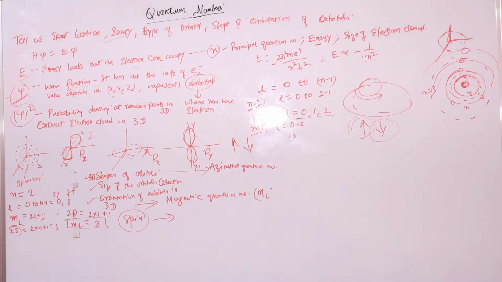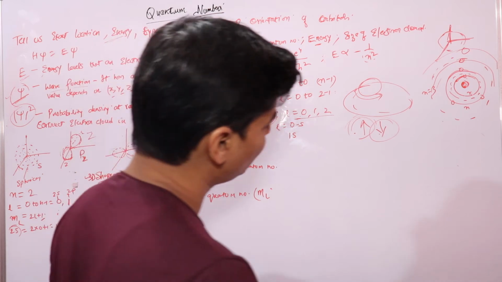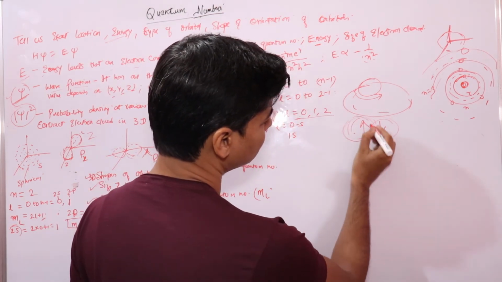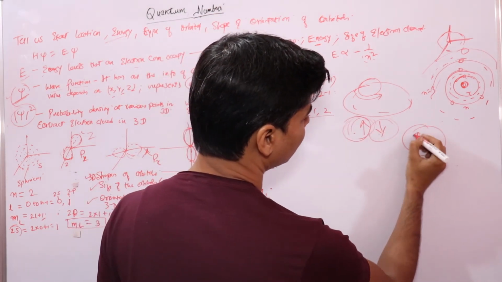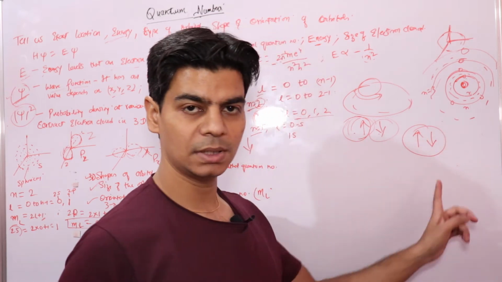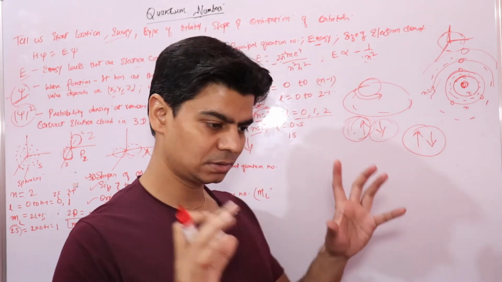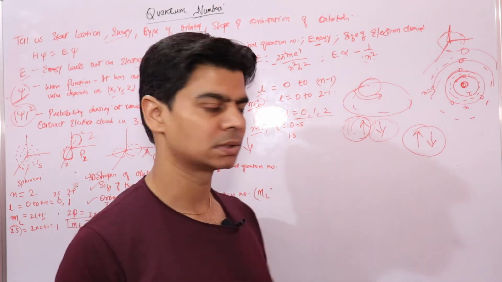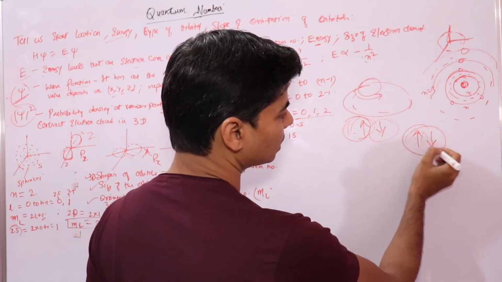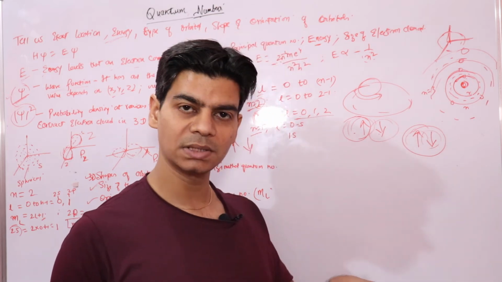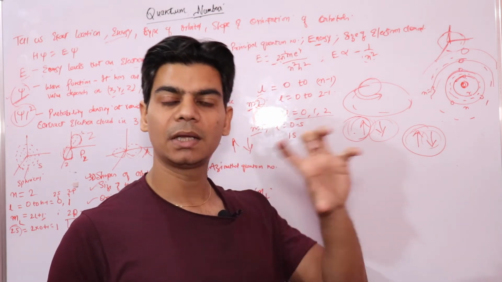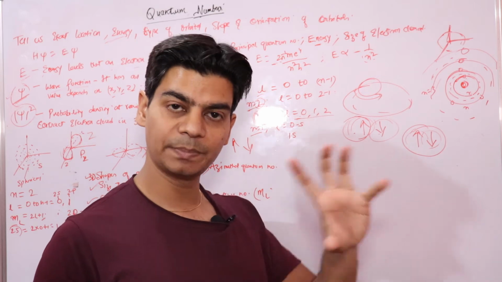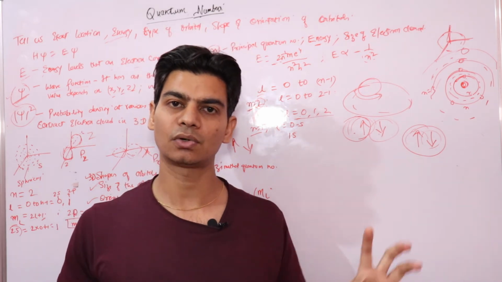But if the orbitals are half filled, right? Just to summarize, if an orbital has two electrons, these electrons are spinning about their own axis, and will have a magnetic moment, because a spinning electron behaves like a tiny electromagnet.